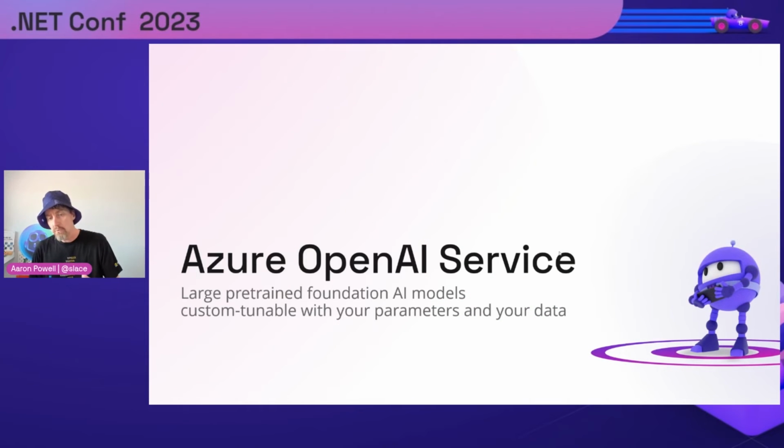So, like I said, we can take these pre-trained models from OpenAI, and then with Azure OpenAI service, we can add extensions on top of those based off of your own data. You bring in your own organizational information, whether it's data from a SQL database or files in document storage, and you add those, but they're only for your instance of the server. We're not using them to retrain GPT models or anything like that.